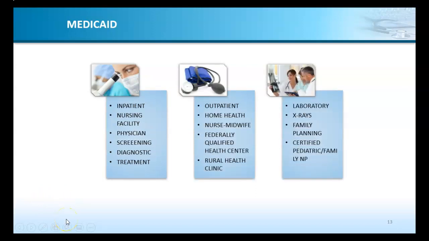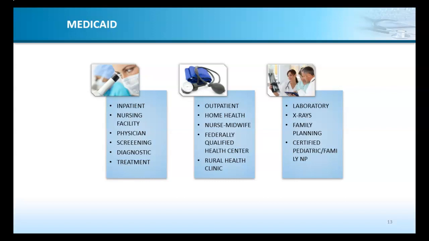So what are some of the things that Medicaid covers? It covers inpatient hospital stays, nursing facilities, and physician costs, and screenings for certain illnesses and ailments. Diagnostic tests and treatment are covered, and outpatient services are also covered. Home health services and nurse midwives are covered.